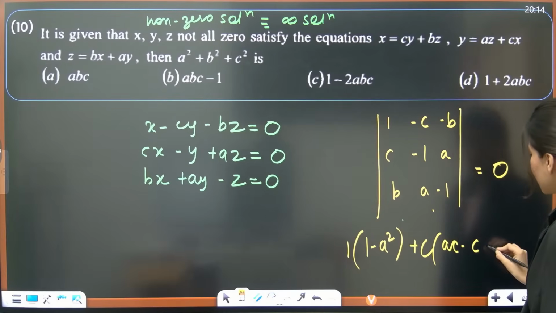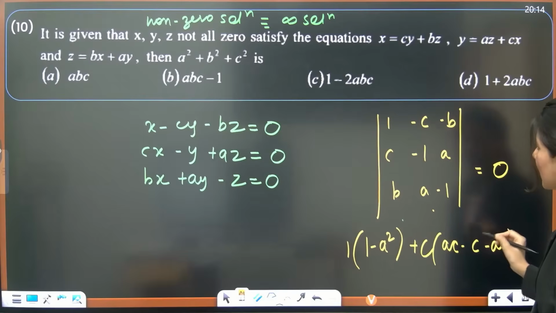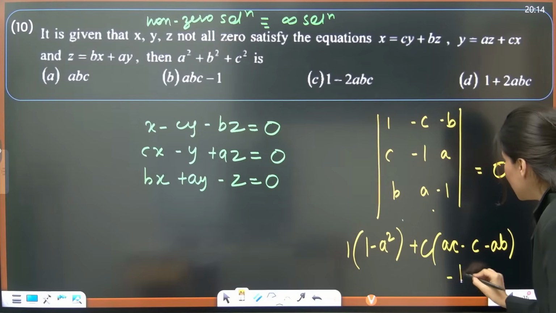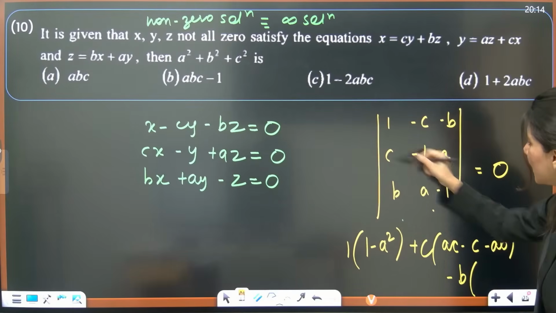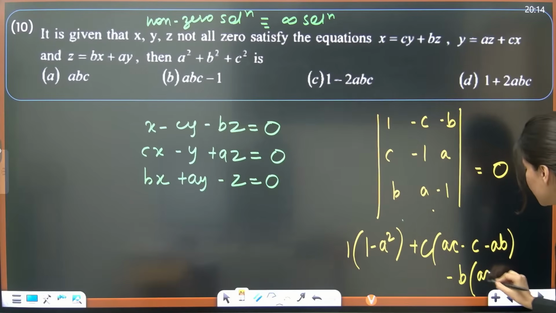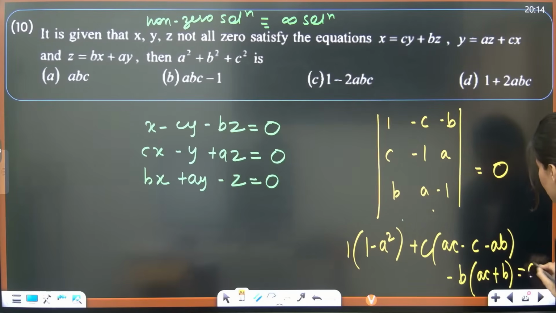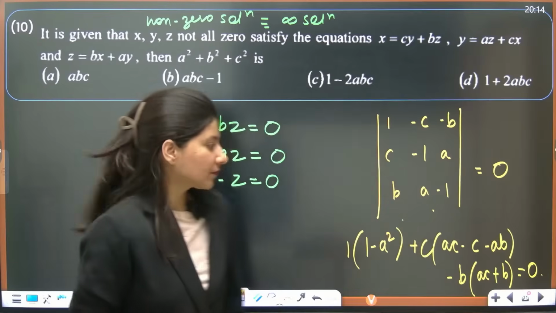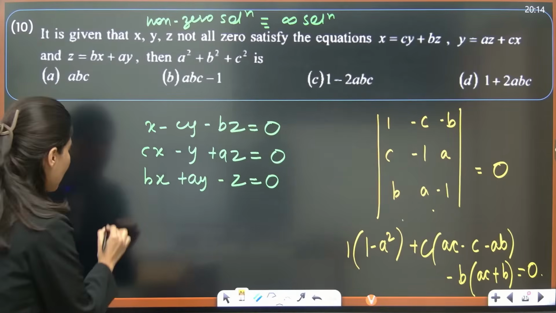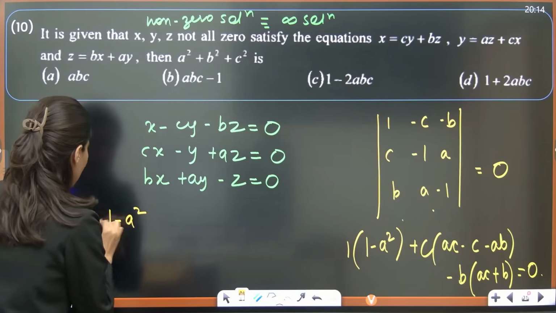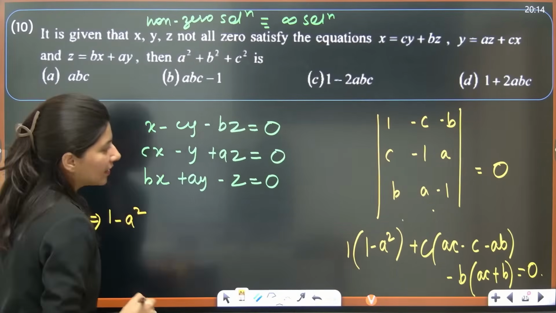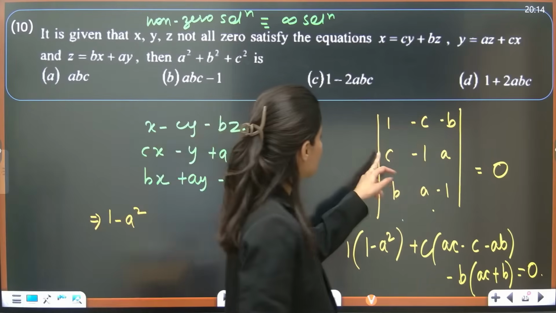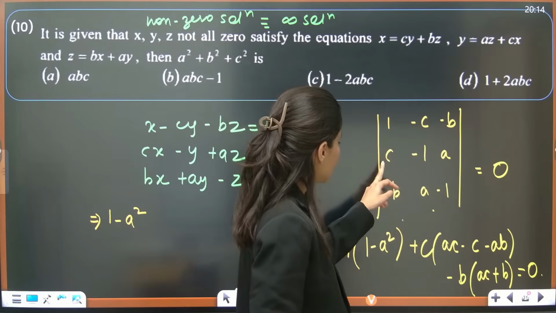This minus ab. Then we are having minus b, and you are having ac plus b equals 0. Understand, you are having 1 minus a square finally, then you are having AC.